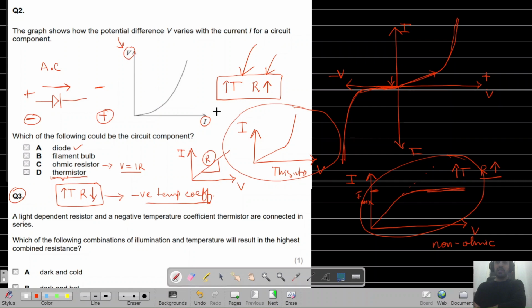This is voltage and this is current. Normally we plot voltage on the x-axis and current I on the y-axis. But here voltage is on the y-axis and current is on the x-axis. And if you compare this with the graphs that I drew, you can see that the current becomes constant in this graph.